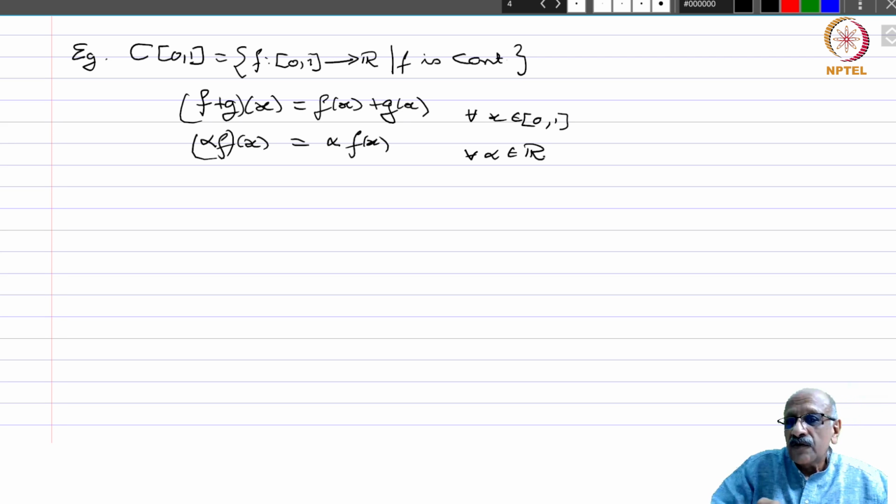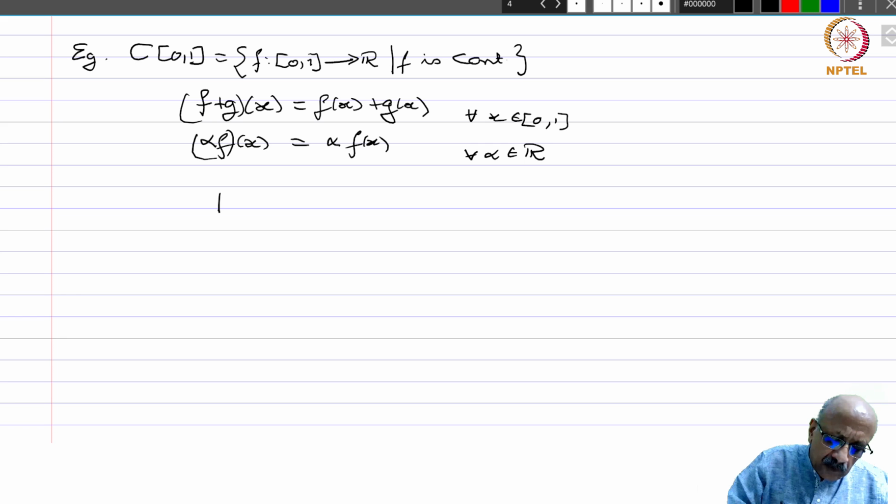Now every continuous function on a compact interval is bounded and attains its maxima and minima, and therefore the following is well defined. The norm of f we are going to define as the max of |f(x)|, x belonging to [0,1].